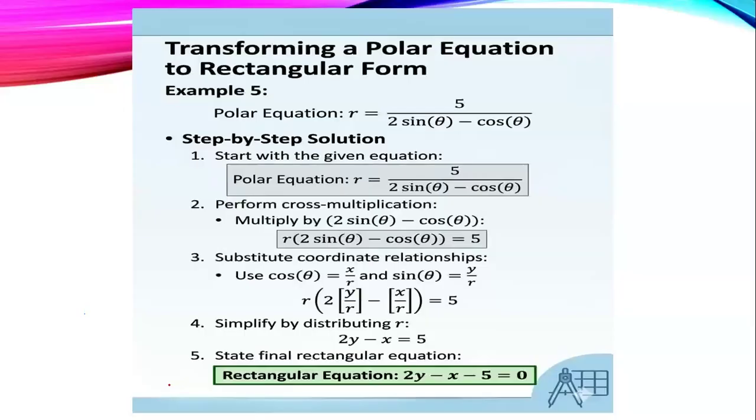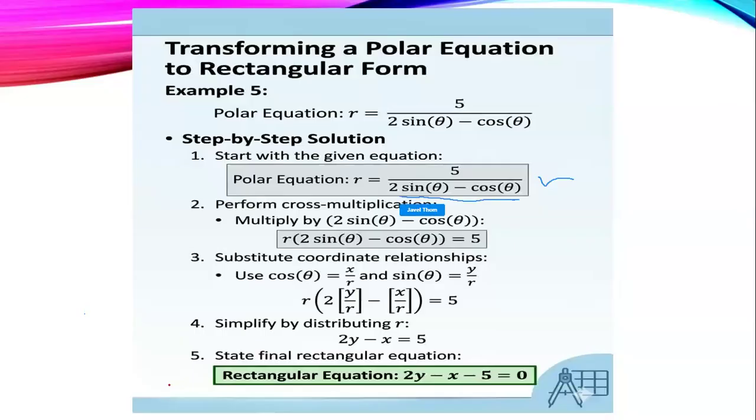So, example: r is equal to 5 divided by 2 sine theta minus cos theta. The steps are followed. We start with our equation right here, rewrite the equation, and then perform our multiplication.